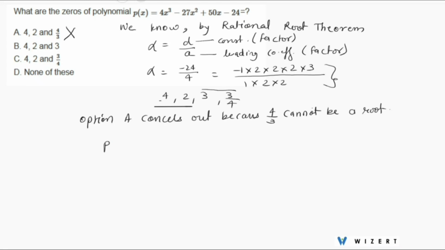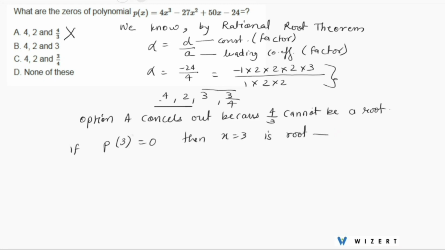So p of x is given as 4x cube minus 27x square plus 50x minus 24. If p of 3 is equal to 0, then we can say x equal to 3 is a root by factor theorem and remainder theorem.